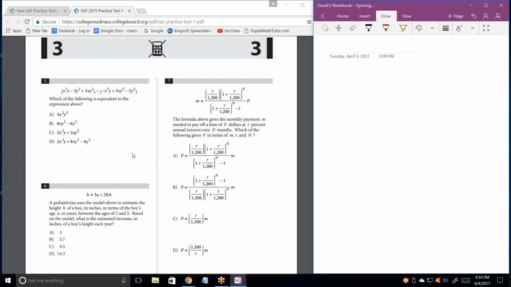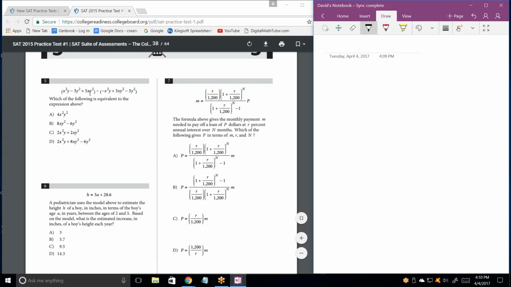So the secret on number 5 is, first of all, remove the parentheses, all of them. Then collect like terms. Okay? The first set of parentheses I don't need in the first place, right? In other words, they don't really accomplish anything.